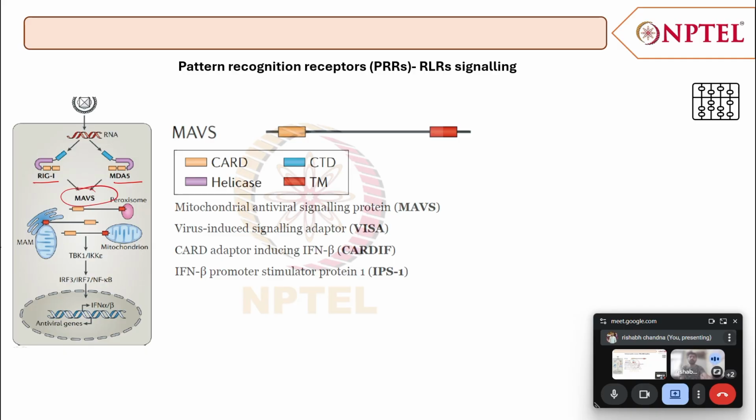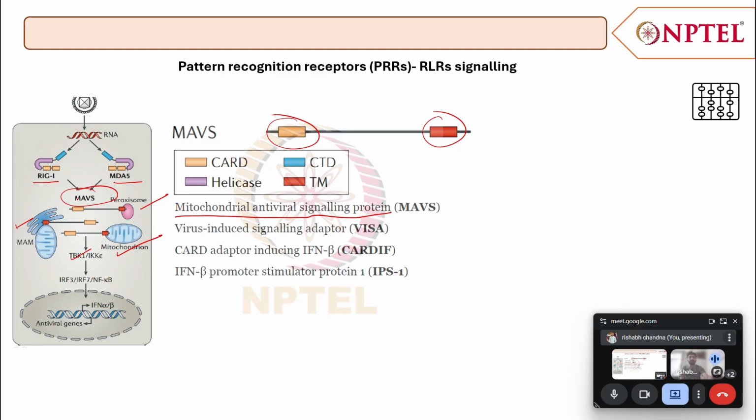it leads to a protein called MAVS, that is mitochondrial antiviral signaling protein, or the MAVS. Okay, so this MAVS also has a CARD domain and a transmembrane domain. Now this MAVS targets peroxisome, endoplasmic reticulum and mitochondria.